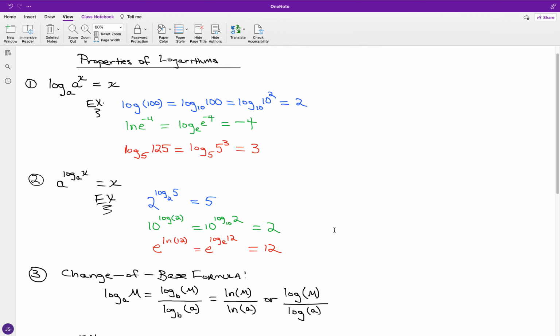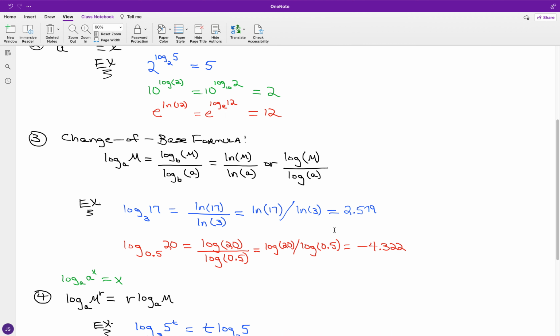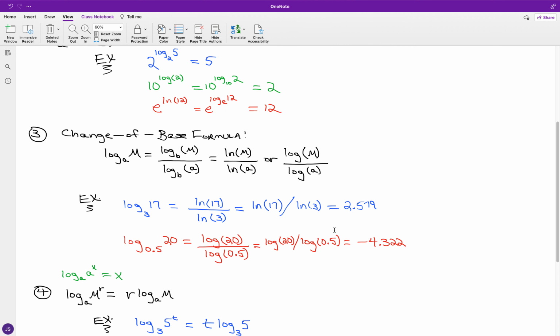For computational purposes, a generic scientific calculator will come equipped with natural and base 10 logarithms, but for logarithms of other bases you will not typically see those.